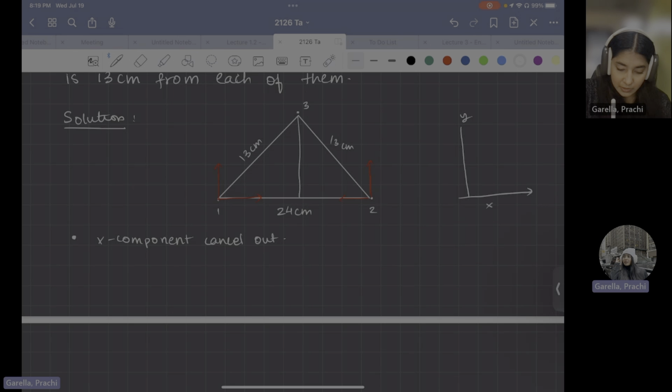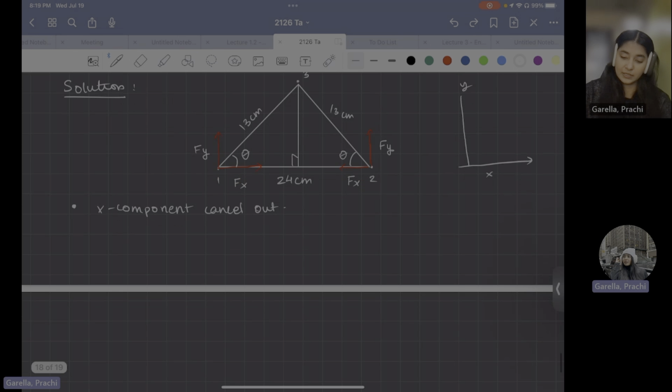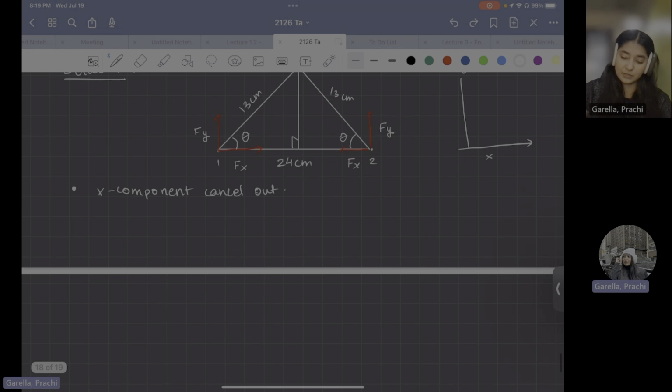So we have two components of force: this is the Fx, this is the Fy, similarly Fx, Fy. I'm not calling it Fx1 and Fx2 because they have the same charge, so they're essentially the same forces, and we can just add them and it'll be twice.